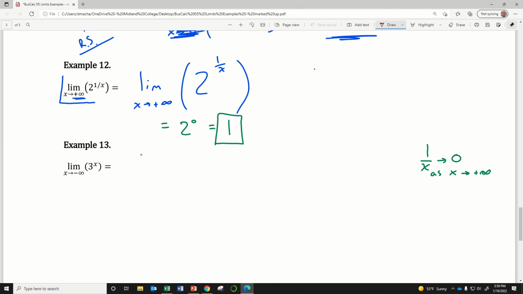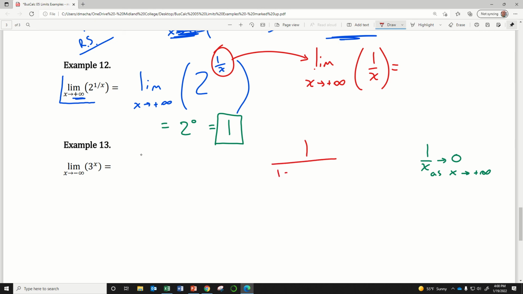Let's do this. So just looking at the exponent alone, let's think about the limit as x approaches positive infinity of 1 over x. Well, think if x was a really, really large number, right? So let's think x is like 1,000,000. So here I let x become 1,000,000. We're talking about 1 over 1,000,000. This is a tiny, tiny fraction.